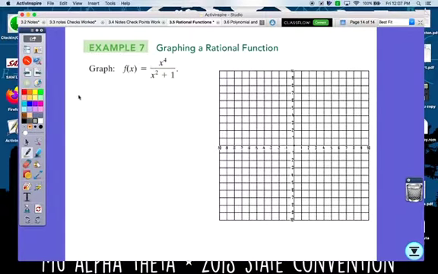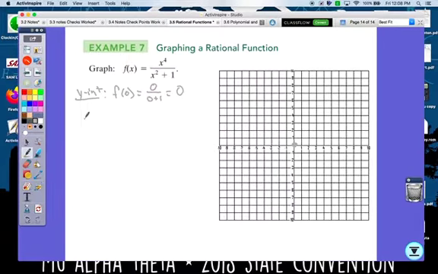For our y-intercept, we plug 0 in. So that would be 0 on top. 0 to the fourth is 0. 0 squared is 0 plus 1. And so we get 0. So it crosses at the x-axis. Okay, crosses at 0.